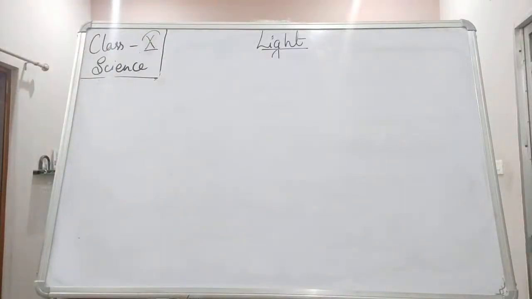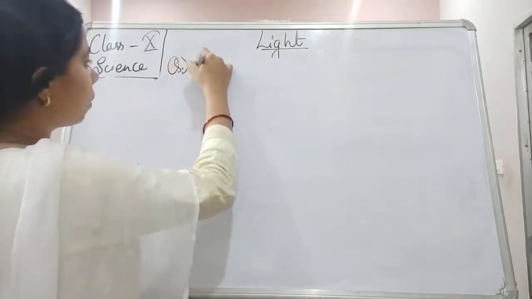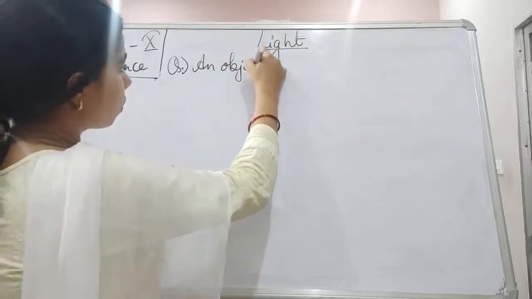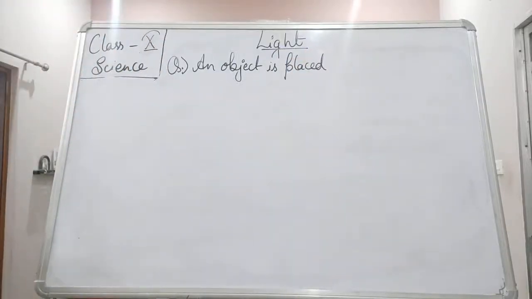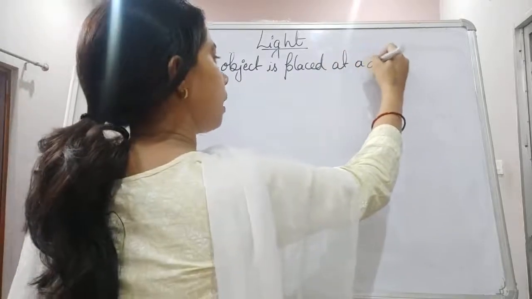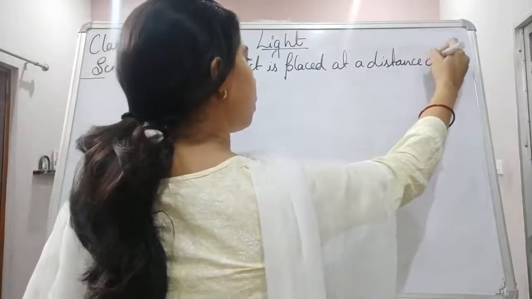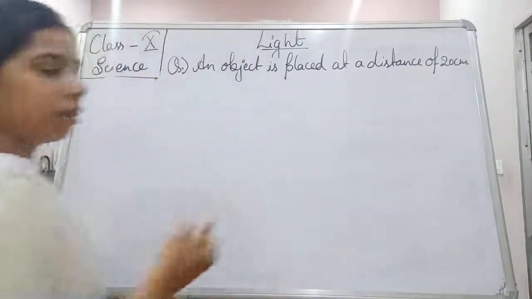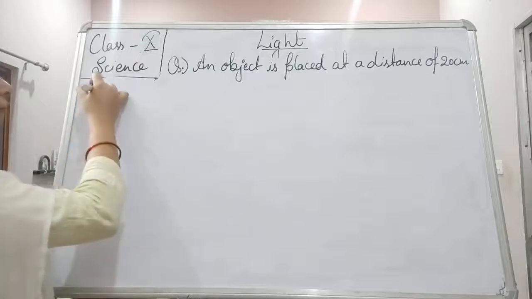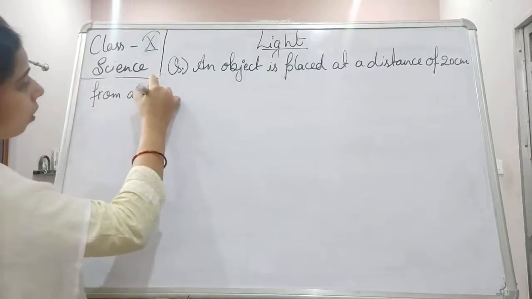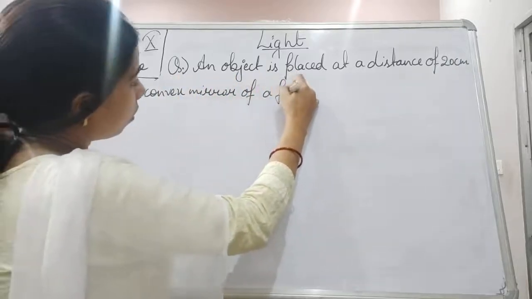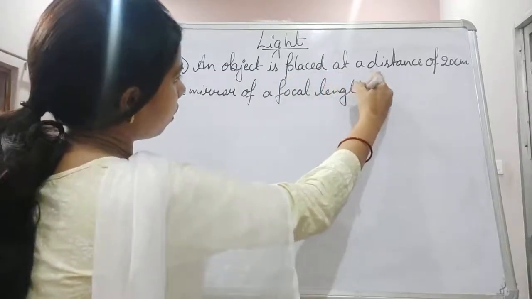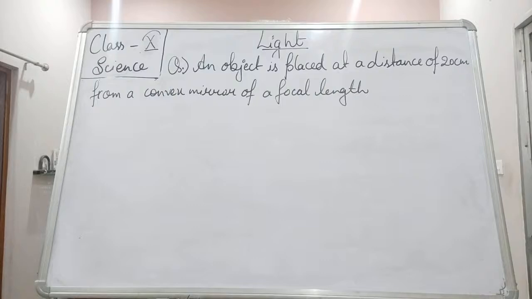So, the question is: an object is placed at a distance of 20 centimeter from a convex mirror of focal length of 15 centimeter.